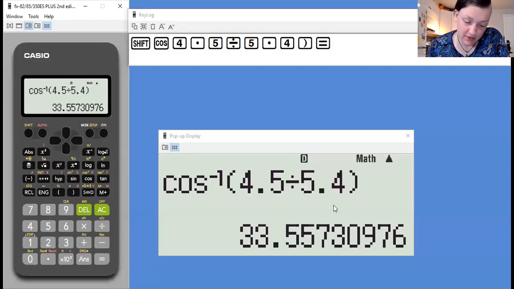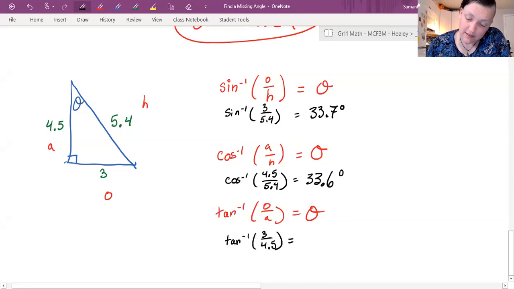Sorry, screens. So I entered this as 4.5 divided by 5.4, and I got 33.56 when I round it. So rounded to one decimal, that comes out to 33.6 degrees. So if I go back, that was 33.6 degrees.